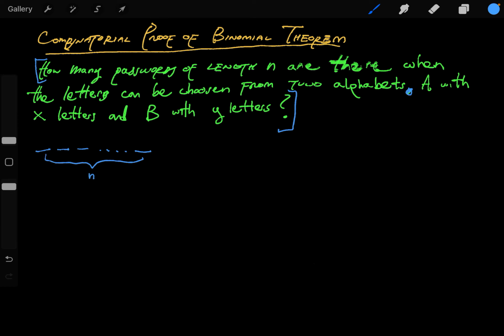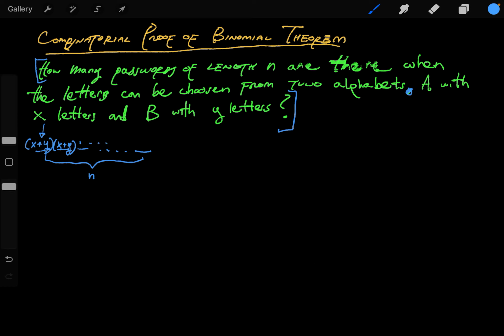For each one of the slots, I could choose any of the X letters from alphabet A, and I could choose any of the Y letters from alphabet B. So that means there's X plus Y possibilities for choosing the first letter. And then I have X plus Y choices for the second letter, because the password could be the same letter, all the same, or I could repeat.